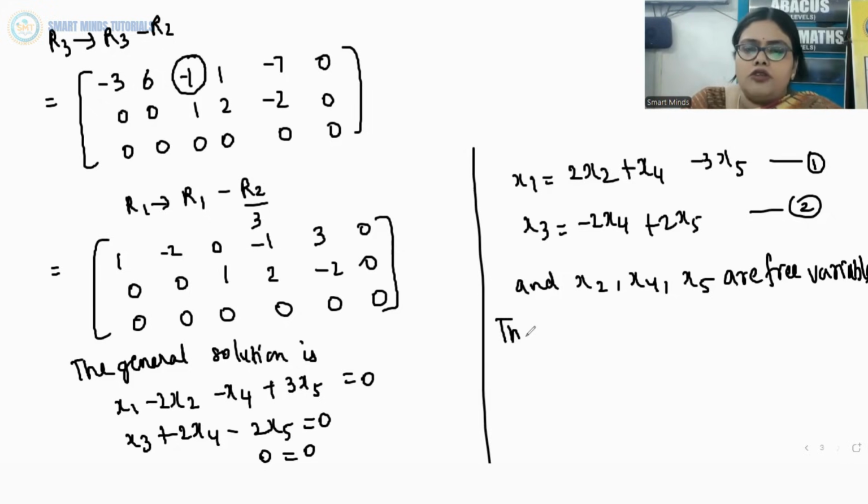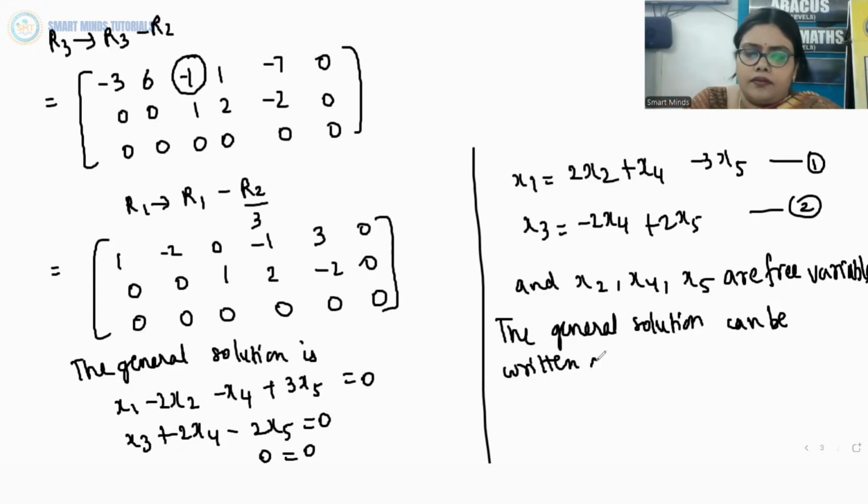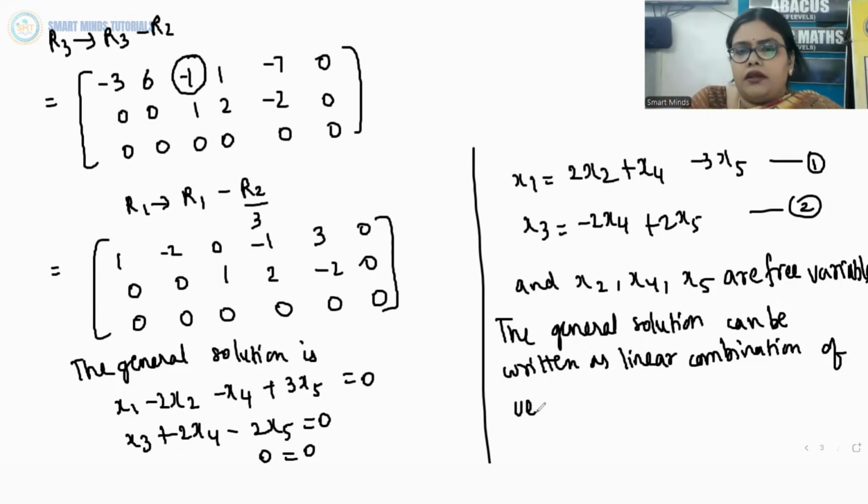So the general solution, how can we write? The general solution can be written as linear combination of vector with free variable.